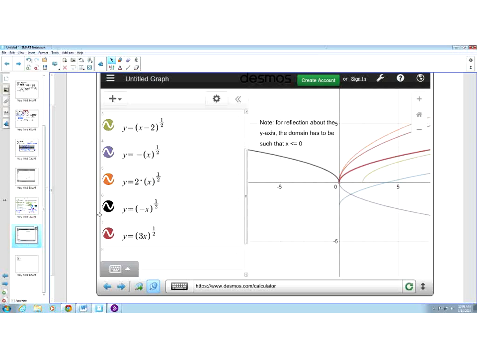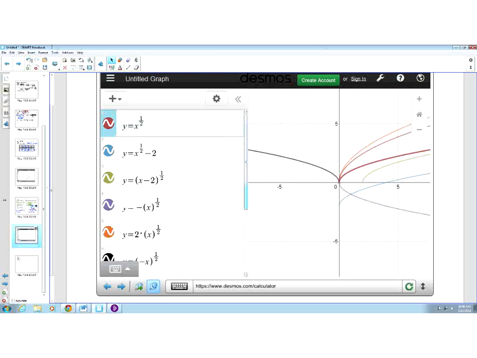Okay. Let me see if there's anything else about function transformations. All right. Yeah, there is one more, and that would involve taking the absolute value of a function. So one other thing that I want to deal with with respect to function transformations. Let me pull up a graph here.